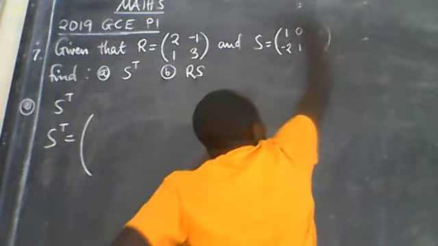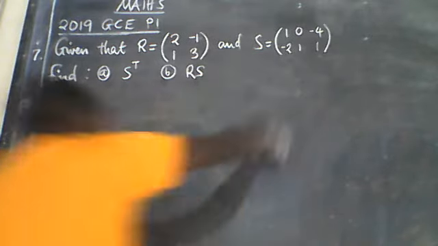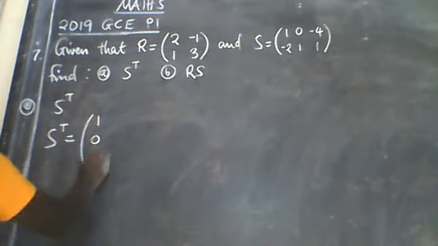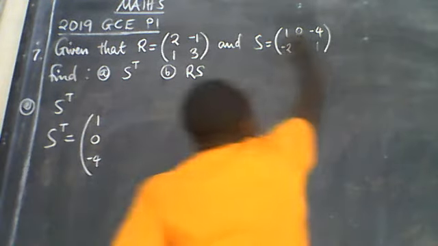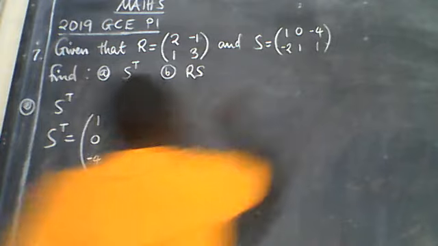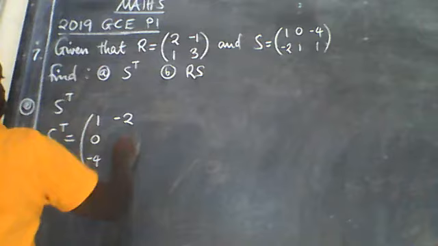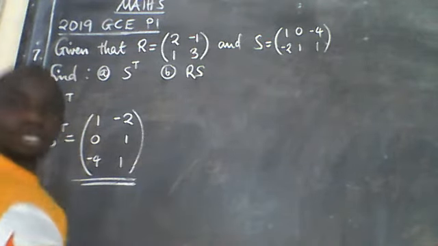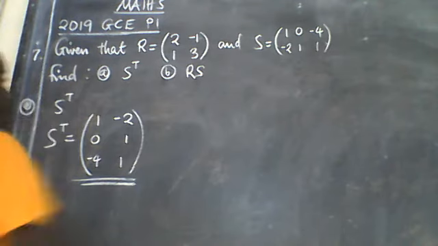So the way they are, this first one, you transpose it, it will be 1, 0, negative 4. Second row will become the second column. So this now will be negative 2, 1, 1. You are done. That is the way to go.